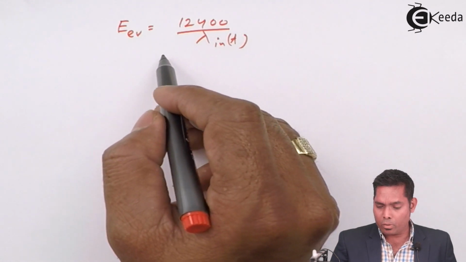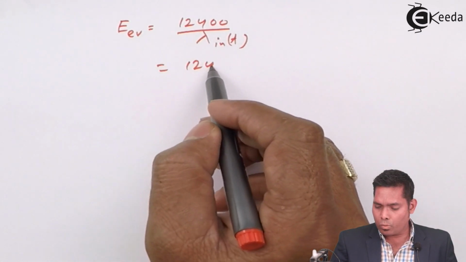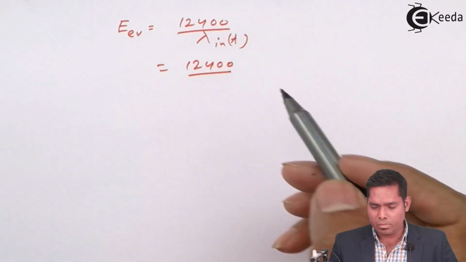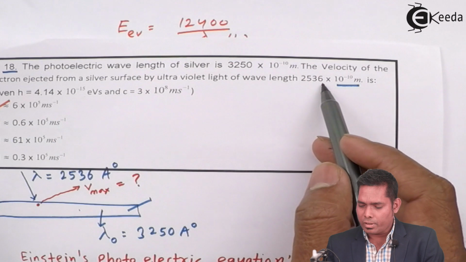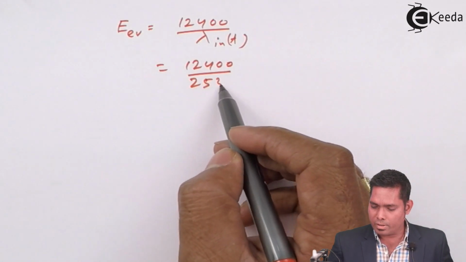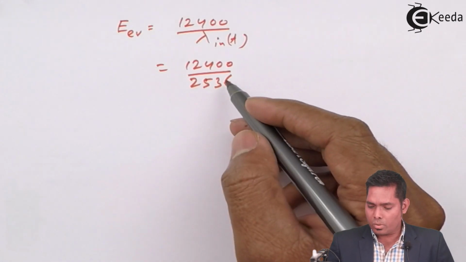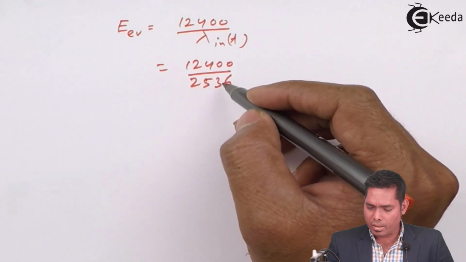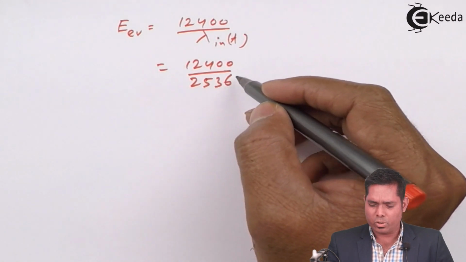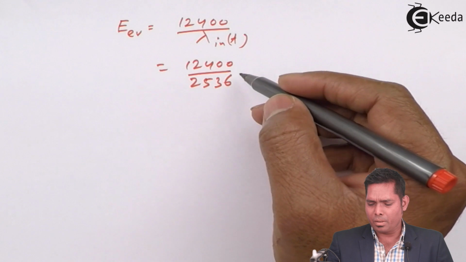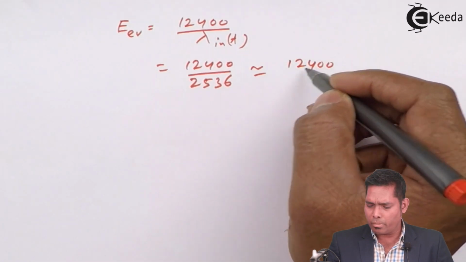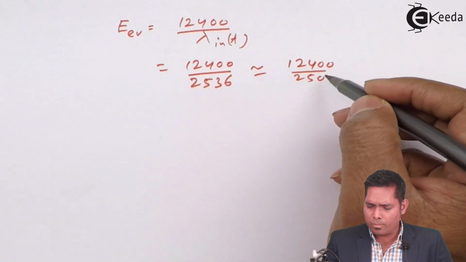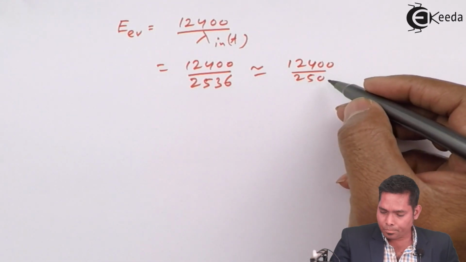So I have got two wavelengths. 12400 divided by one wavelength is this one. That is the energy that is incident, 2536 Angstrom. So this you can calculate as 2500. For simple logic, approximately you can calculate 12400 divided by 2500 or 3000, no problem with that.